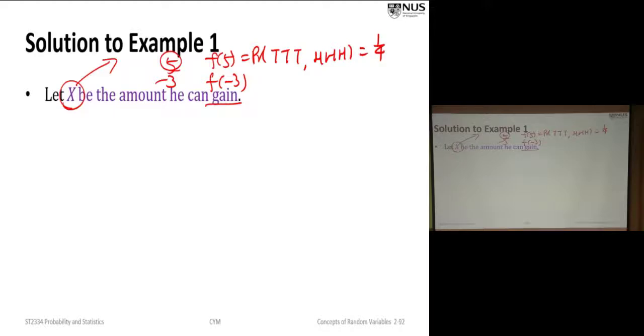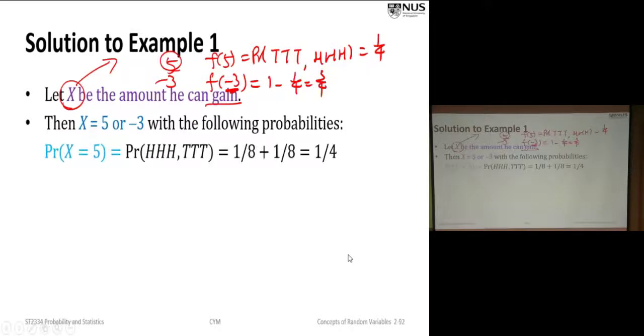So getting paid $3 is 1 minus 1/4. That's one way to do it, because there are only 2 possible outcomes. Either you gain $5 or you lose $3. So it's just 1 minus 1/4. Or if not, then you work out how many possible sample points give you 2 heads and how many give you 1 head. Altogether, there are 6 out of 8.